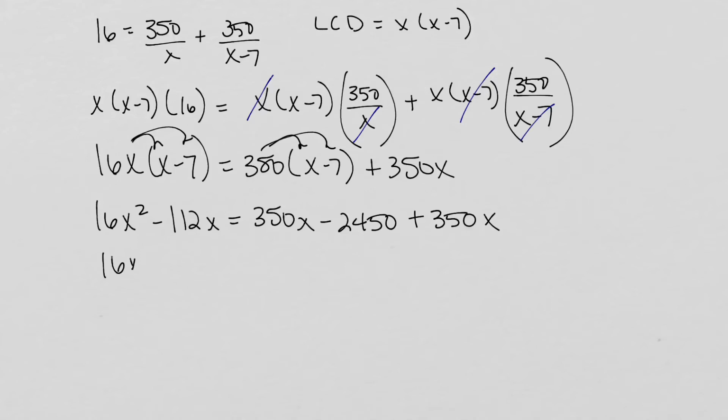And 16x squared minus 112x stays the way it is. I can collect like terms on the right-hand side. 350x plus 350x is going to give me 700x minus 2,450.